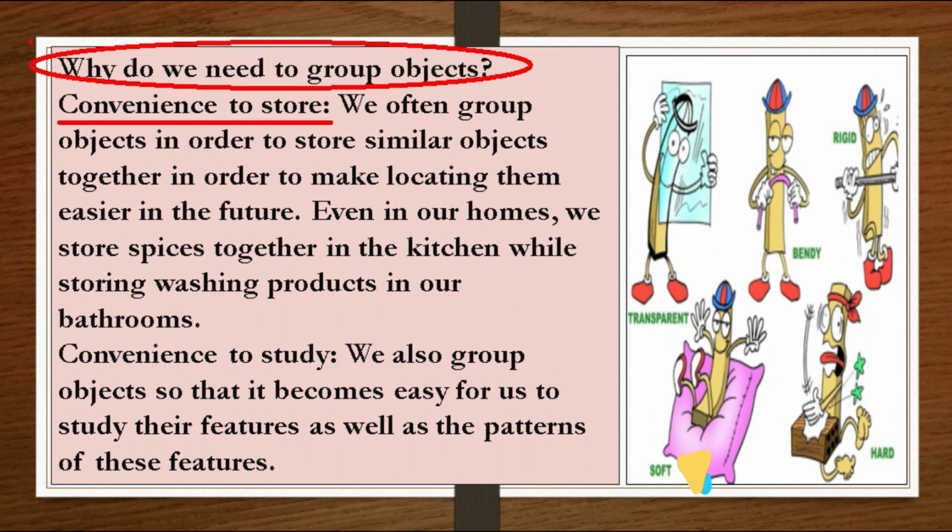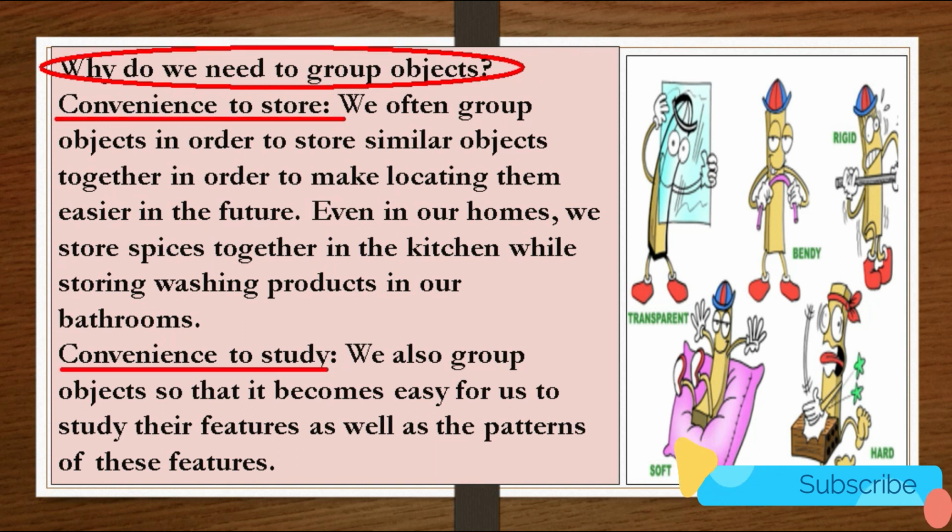Even in your homes, your mother stores spices together in the kitchen while storing washing products in the bathroom. And students, can you answer why your mother does so? Your mother does so because grouping materials saves our time, energy, and makes our work easier.